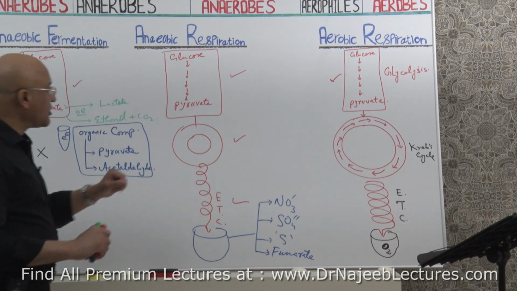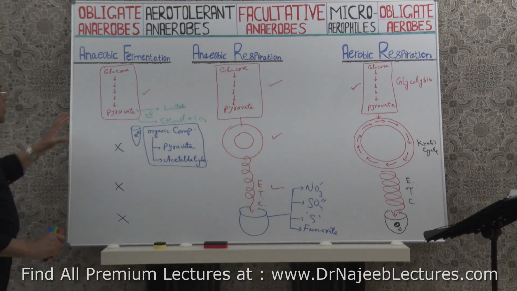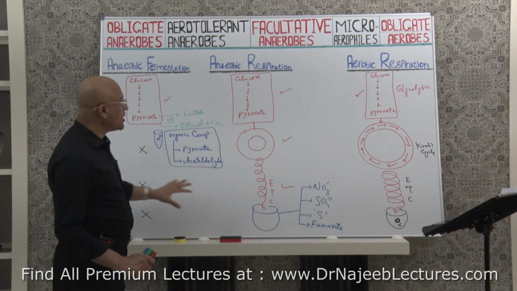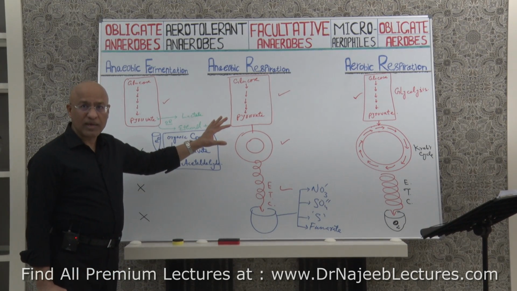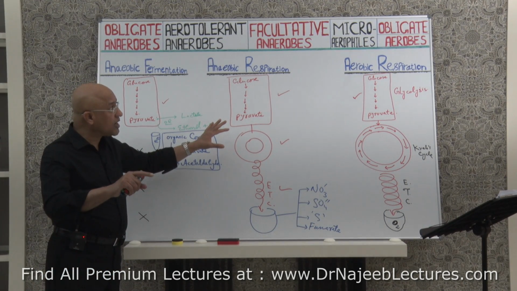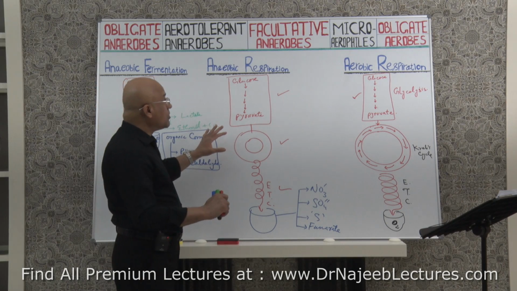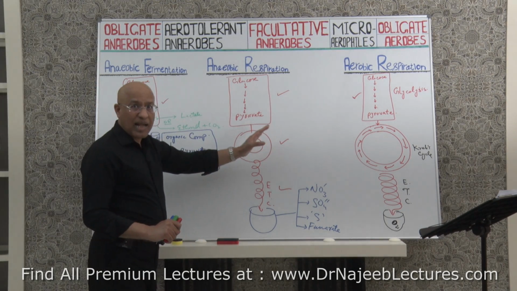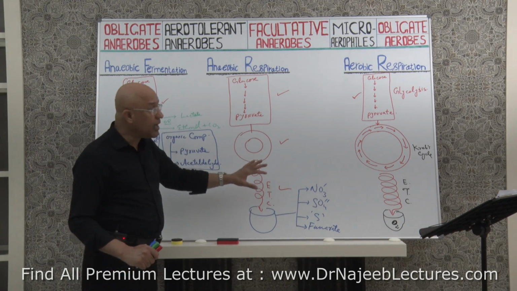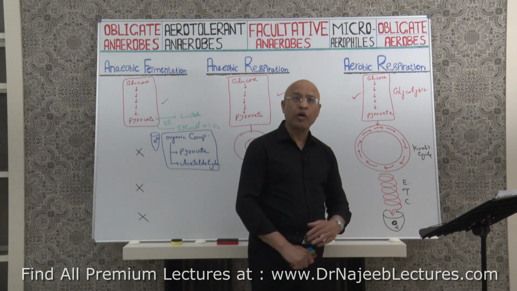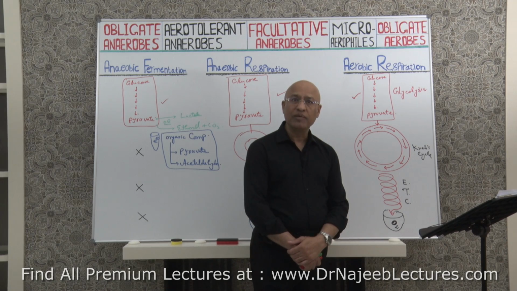So now we will see that some bacteria produce energy only by anaerobic mechanisms, right? And we will talk later about some bacteria which have evolved further and still have anaerobic mechanisms, and also have an aerobic mechanism of energy production.